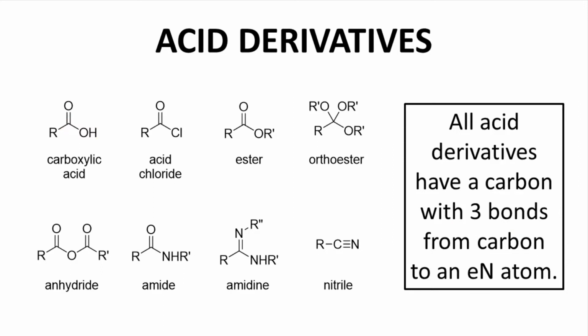That would cover carboxylic acids, the parent of the acid derivatives, acid chlorides, esters, anhydrides, and amides. Some acid derivatives without carbonyls include nitriles, orthoesters, and amidines. Reactions that involve interconversion of one acid derivative to another, especially with the carbonyl-based acid derivatives, are a mainstay topic in college organic chemistry classes.